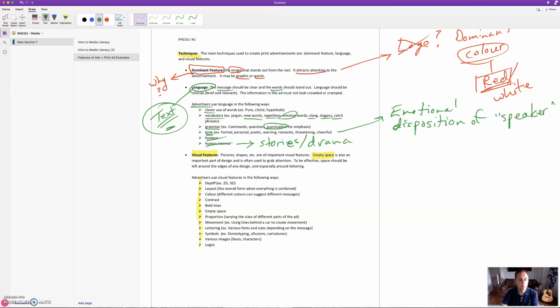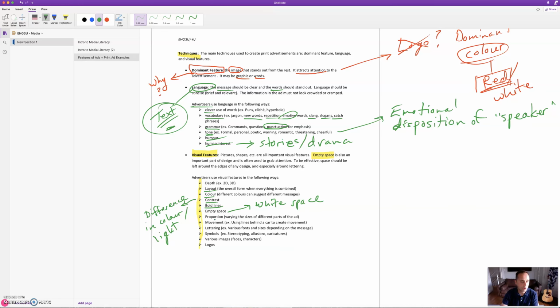Think about the overall layout, colors, contrast. Contrast means difference in light and dark color. Maybe they have really bold lines. White space could be important.